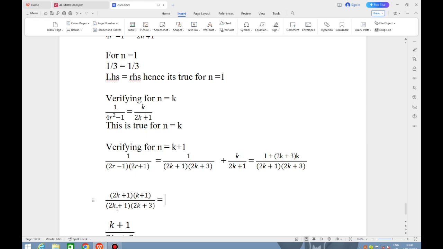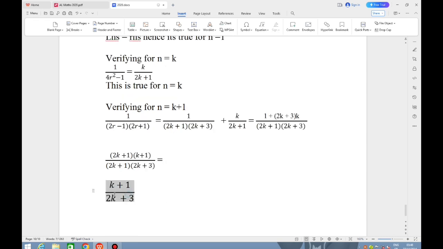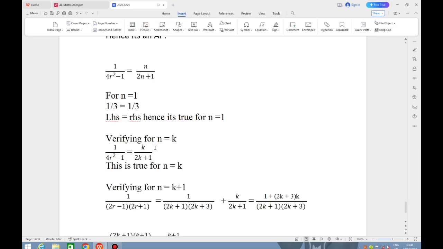And now 2k plus 1 cancels 2k plus 1, and we have k plus 1 all over 2k plus 3, which is exactly what we would have had if we directly substituted k plus 1 into this equation.